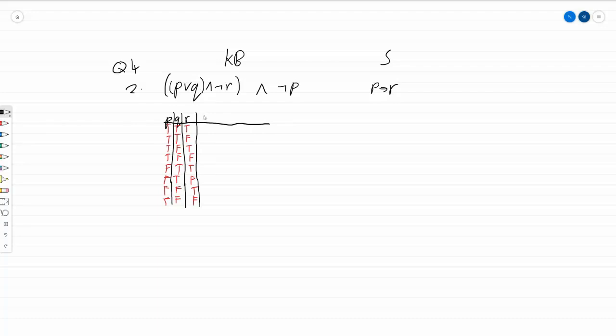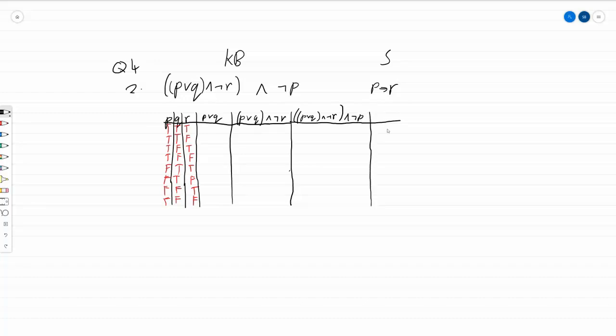Let's grab P or Q. Then let's grab P or Q and not R. And then we'll evaluate the entire knowledge base, which will then be P or Q and not R, and not P. And then our proposition is just P implies R. Cool.